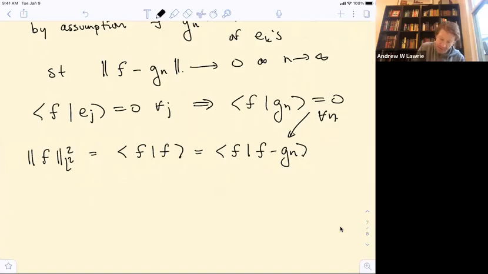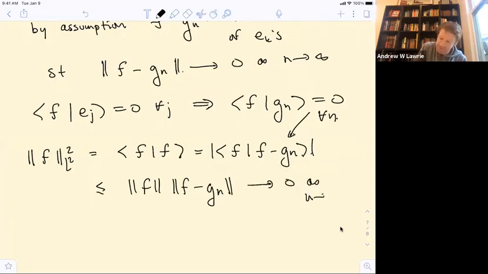And then this is less than or equal to the norm of f, by the Cauchy-Schwarz inequality, times the norm of f minus Gn. And this goes to 0 as n goes to infinity.